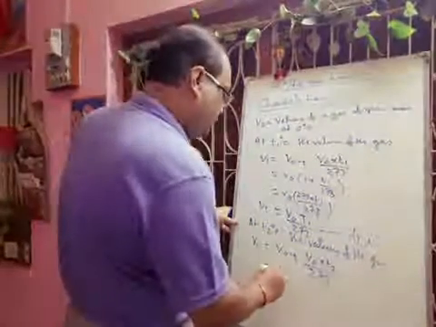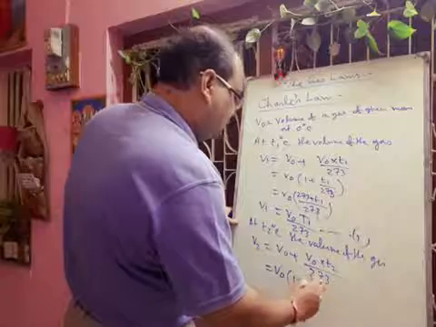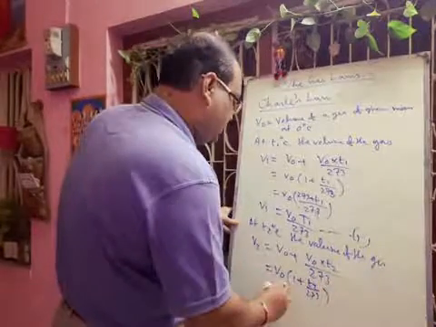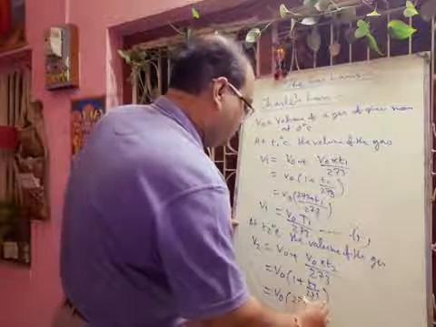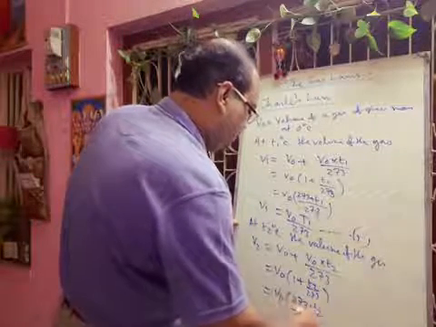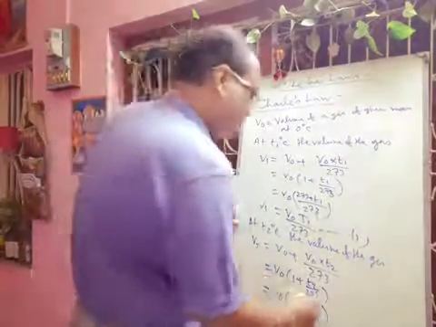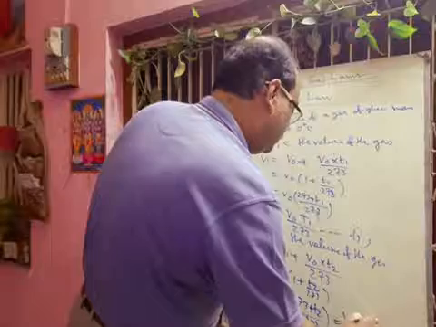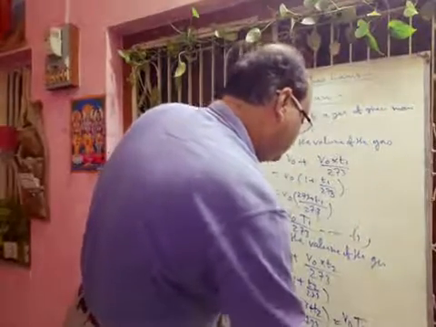If we take the common V0, then we get 1 plus T2 by 273, that is V0 into 273 plus T2 divided by 273. Here we are taking 273 plus T2 equal to capital T2 Kelvin. So this will be equal to V0 T2 by 273. This is equation 2.